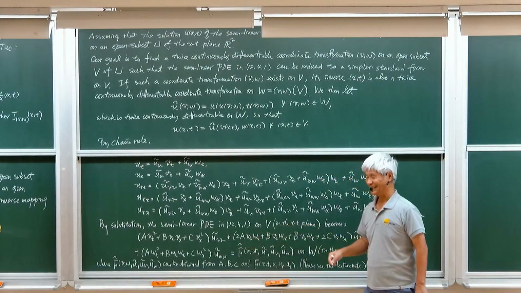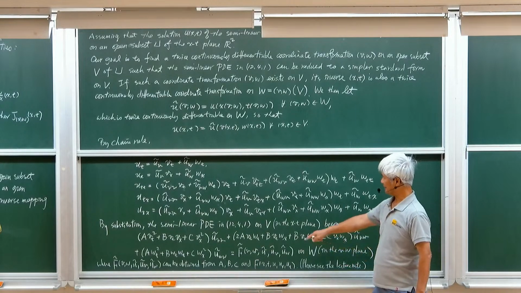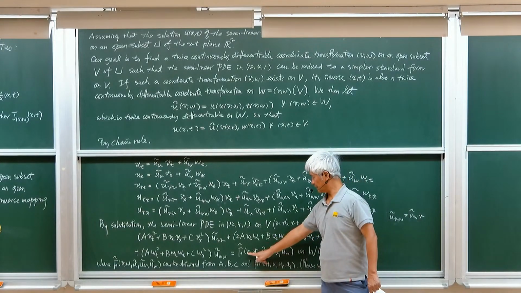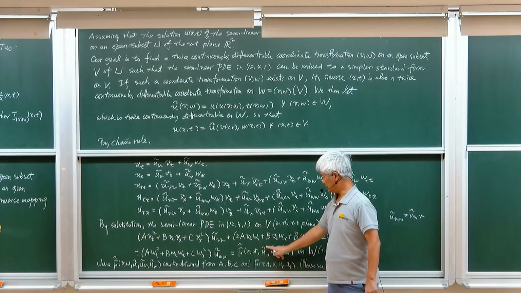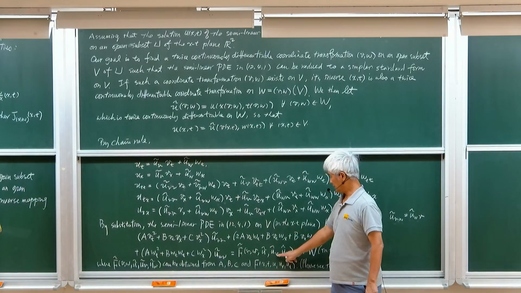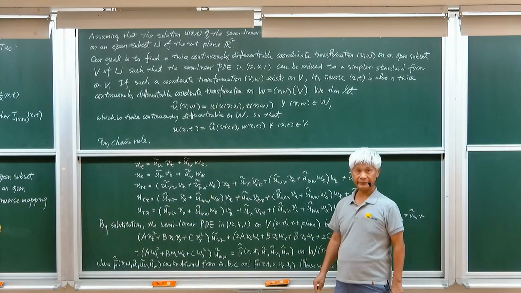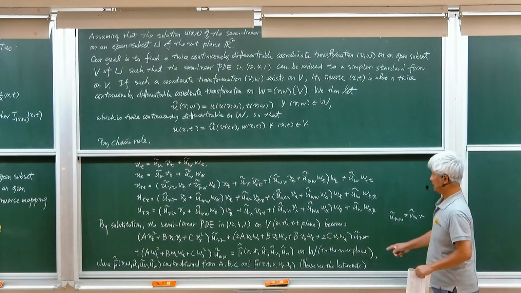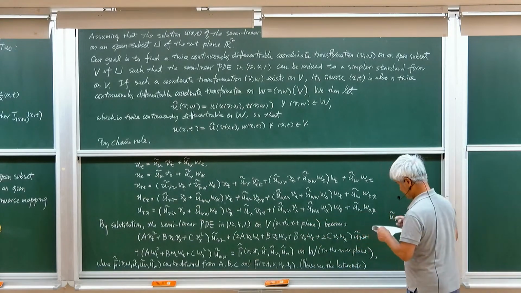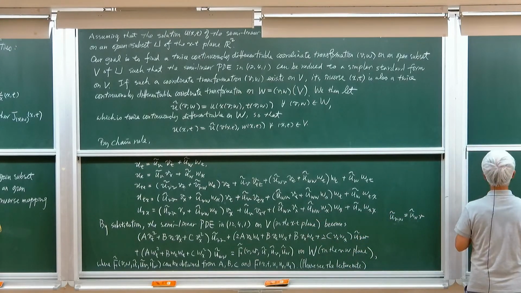Okay. Right. So finally, the F tilde will depend on the two new independent coordinates and U tilde sub V, U tilde sub W. Okay, so you can obtain that, right? So you can do that.